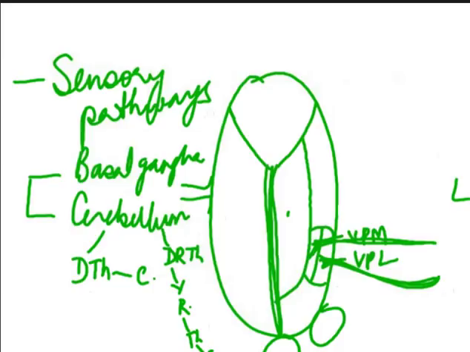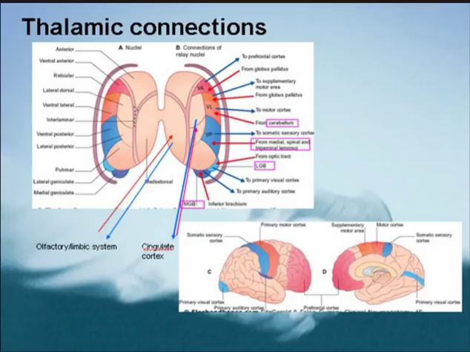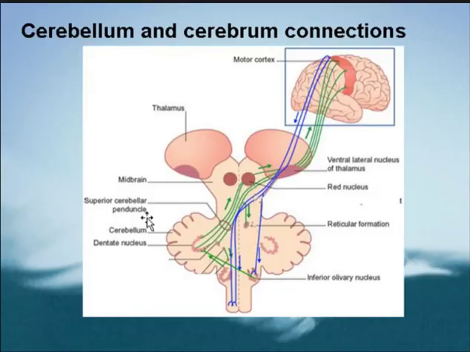Just to refresh your memory, let me show it to you in the PowerPoint up here. This was the cerebellum, and in the cerebellum the dentate nucleus was most important. So you had the dentatorubrothalamic thalamocortical, or dentatothalamic thalamocortical pathway.